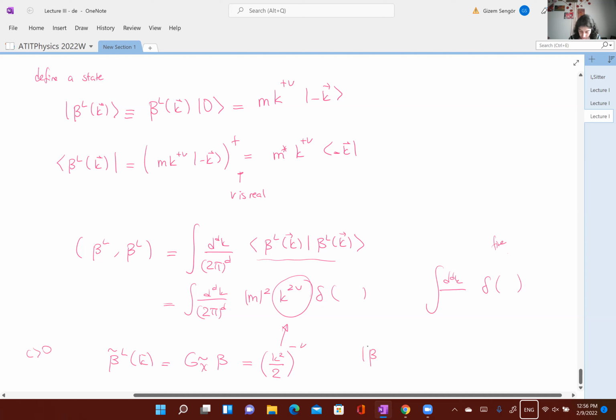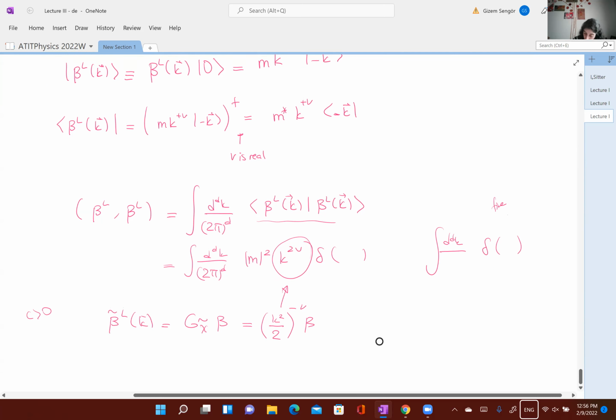And so this one will be times beta operator. Okay. So overall, this will have whatever those annihilation creation things were. But there's a k minus 2 nu, k nu.